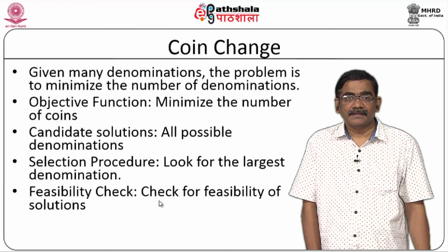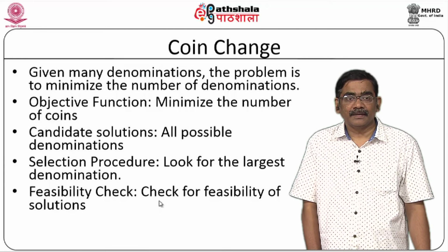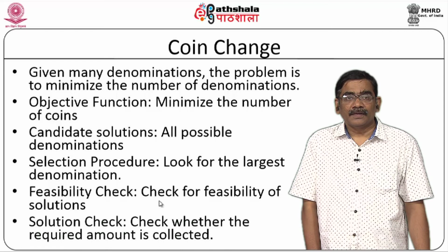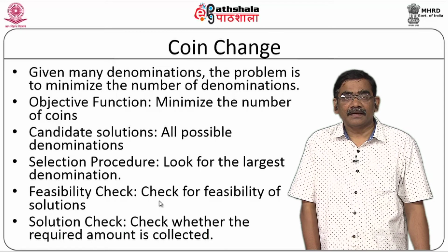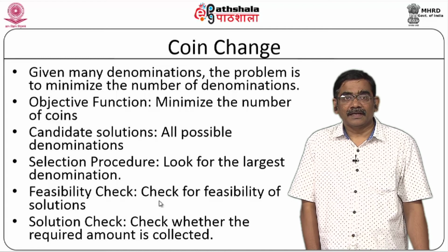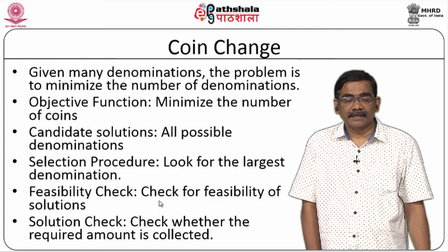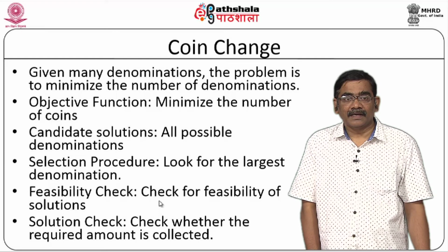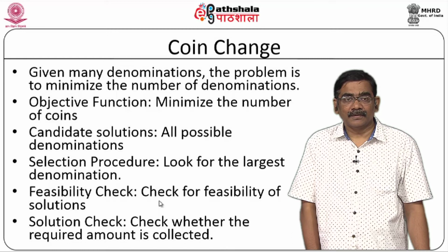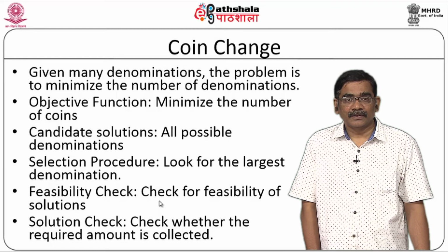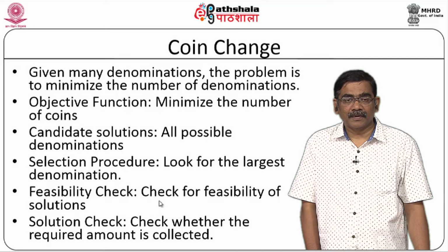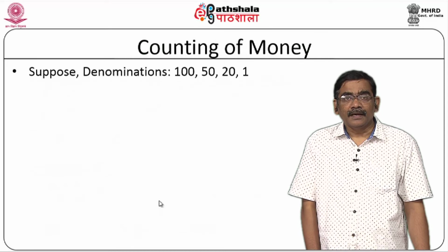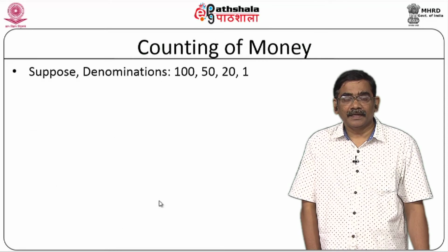That represents the feasibility check, and once a coin satisfies it, I keep adding that into the solution set, and finally, I will check whether the solution is obtained or not. If the solution, that is the required amount, is collected, then I am going to return that as the solution set, otherwise I will keep on adding the coins. So, assume that we have denominations.